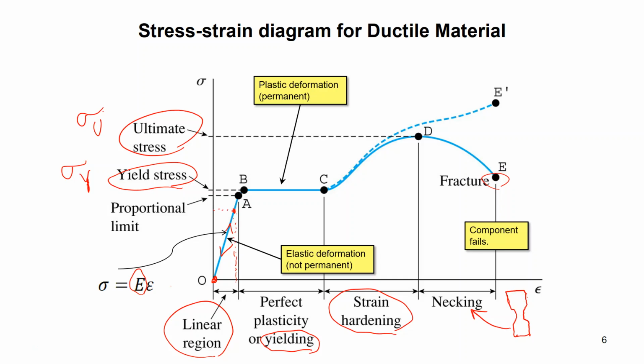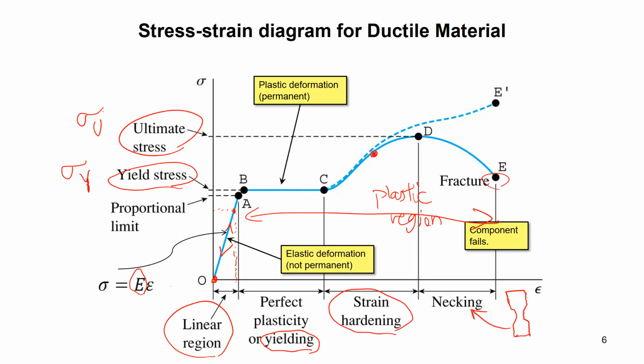Any part from B or A to E, all this region from here to here, we call the plastic region. Why do we call it the plastic region? Because at any point here, if I turn the machine off, let's say I'm here and I turn the machine off, what do you think would happen? Am I going to go back all the way on this curve back to the origin?